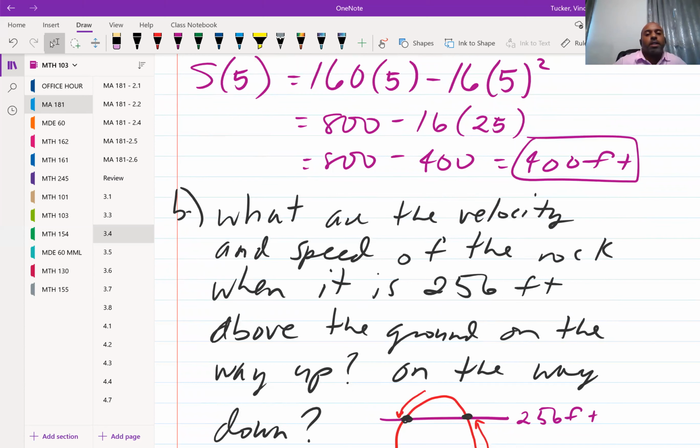So what are the velocity and speed of the rock when it is 256 feet above the ground, on the way up and then on the way down?